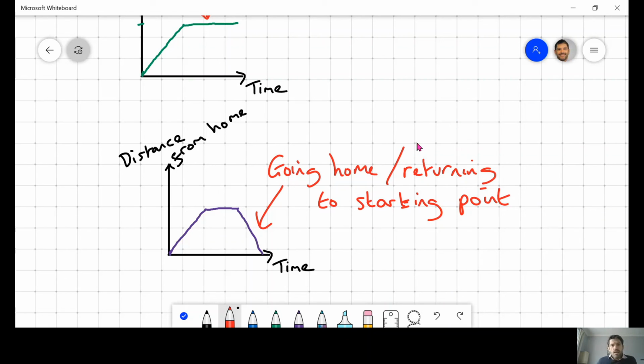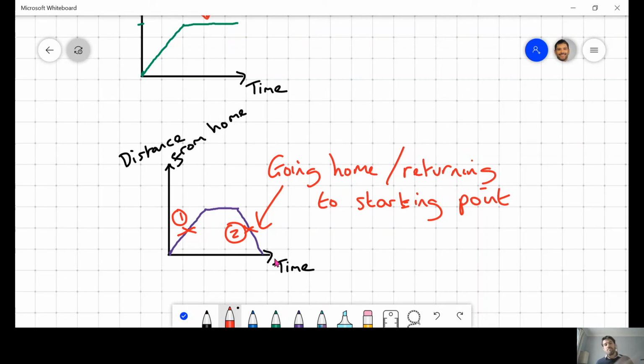Okay, now can you remember from the second graph, I think, first graph maybe, what can we say about these two bits? Which colour should we go with? I'll go red. I don't mean a point, I mean this whole line up here and this whole line down here. Apart from the fact that the direction they're traveling, one is increasing the distance from home, so getting further and further from home.